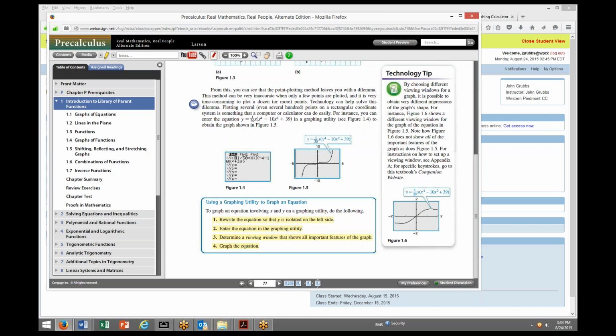Now, the standard default window with the TI-83 and TI-84 graphing calculators that most people use is x from -10 to 10 and y from -10 to 10. And sometimes that's perfectly good, and other times the key element of the graph you might need to look at is not in that window, and you have to manually change your window, change the minimum x or the maximum x or the minimum y or the maximum y.